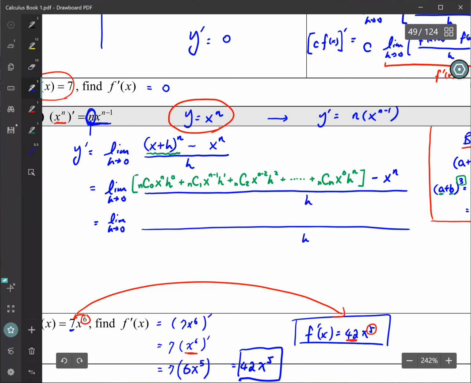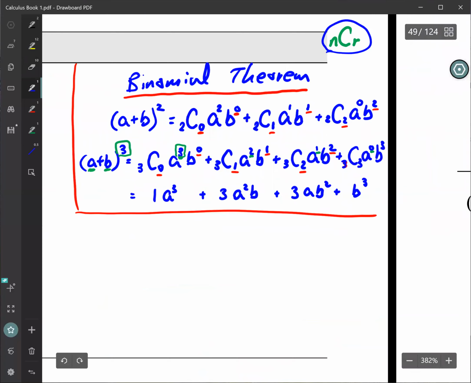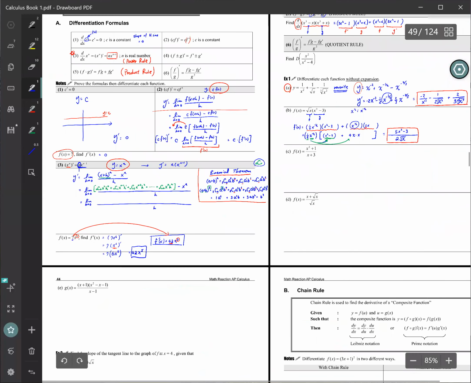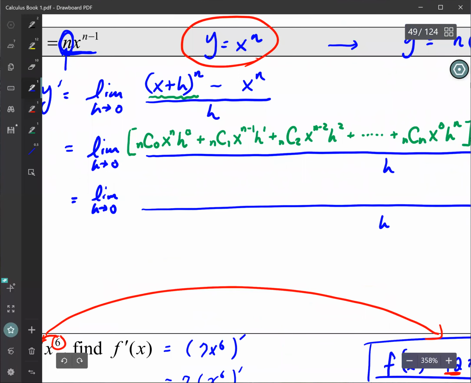So the ones on the top, okay, let's look at the first one. The 3C0 turns out to be 1, right? If you try other ones, like 5C0, you can try with the calculator, it will also be 1. 7C0 is always 1, okay? So nC0 will also be equal to 1. And then x to the n. h to 0 is just 1, right?